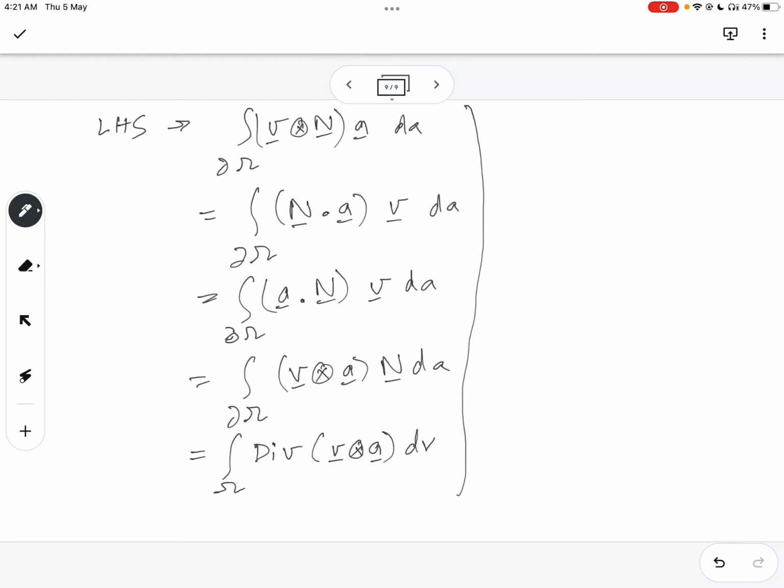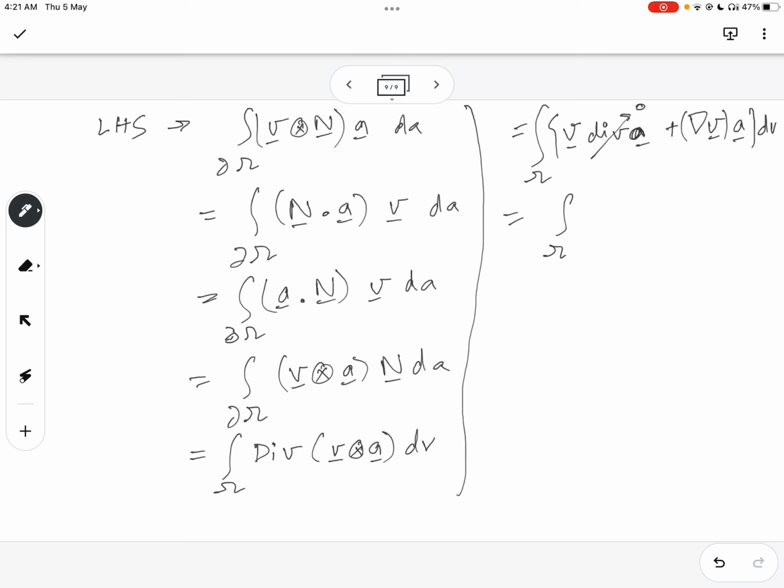Now the divergence of v diadic a, we have just seen, is nothing but v divergence a plus gradient of v acting on a, dV integral over omega. Now as a is a fixed vector, its divergence is 0.